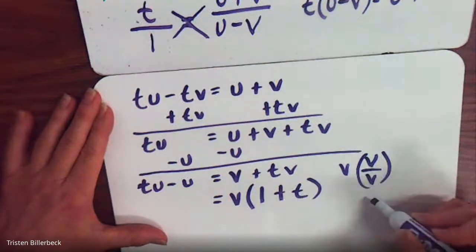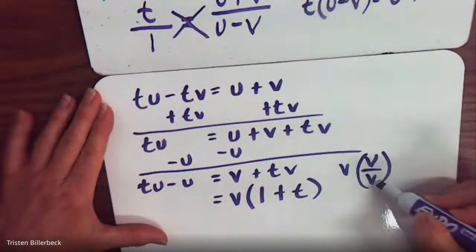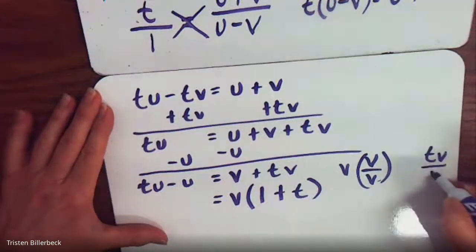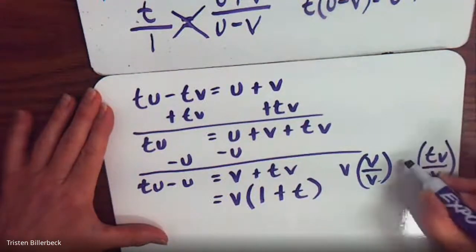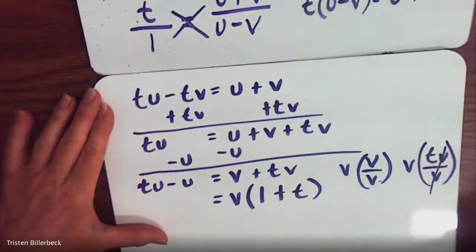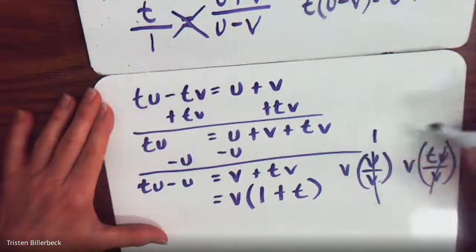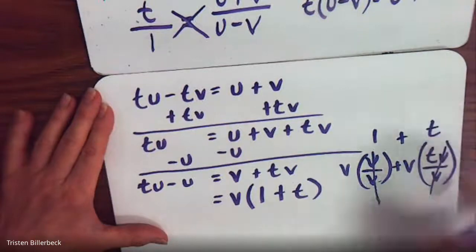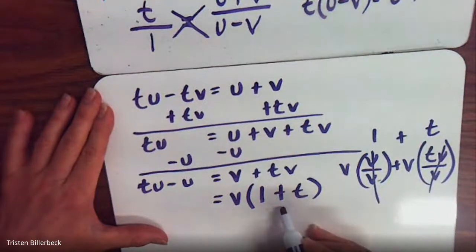I pulled the V out, the V over V is 1. And then if I have TV and I want to isolate the V, I'm pulling the V out, so those V's cancel. That just becomes 1. So I have 1 plus T. That's how I got the 1 plus T.